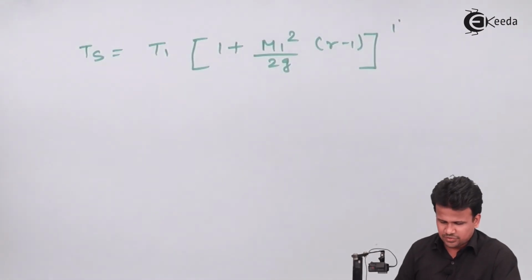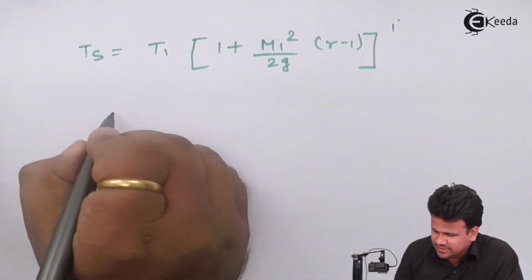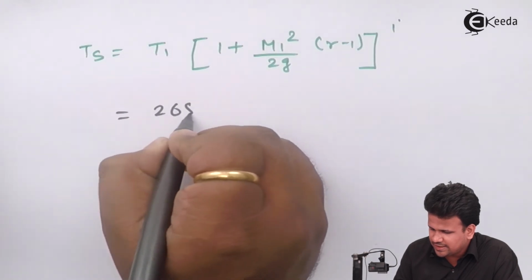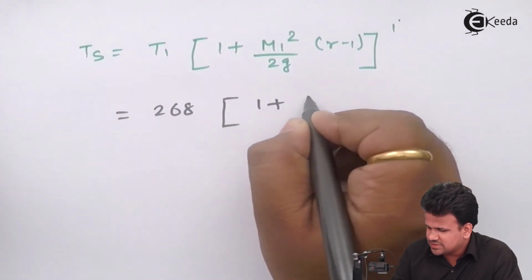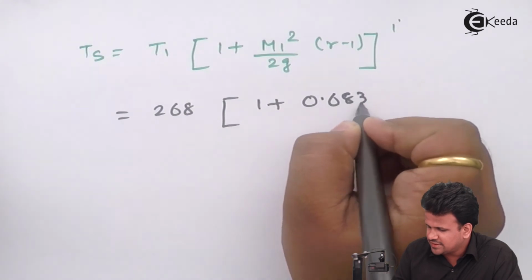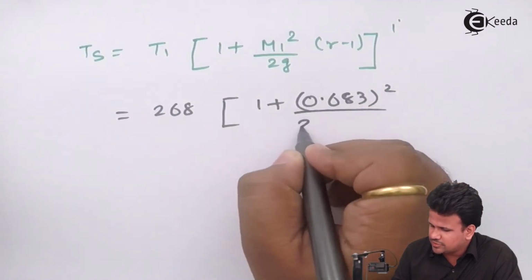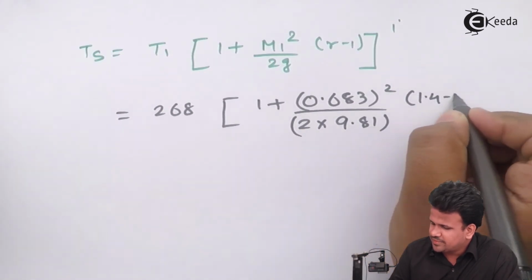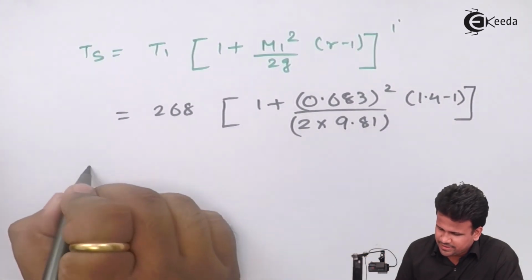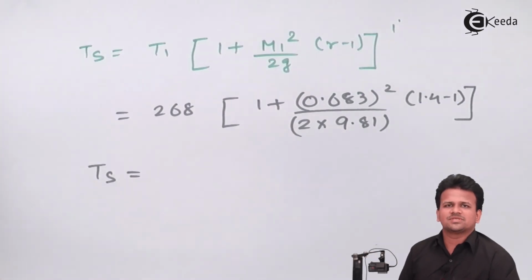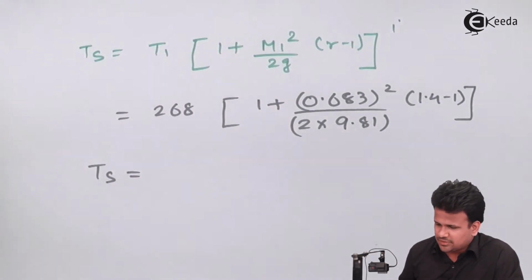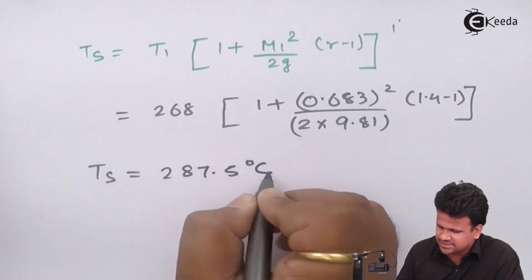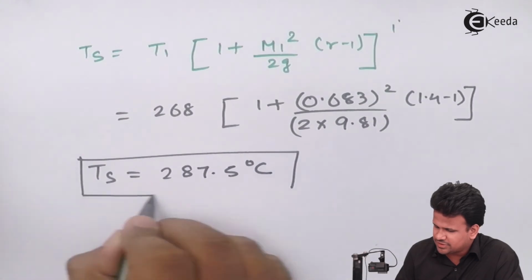If you substitute the values, this will be 268 into 1 plus 0.683 the whole square upon 2 into 9.81 into 1.4 minus 1. So the temperature at the stagnation point comes out to be Ts is equal to 287.5 degrees Celsius. So this is the stagnation temperature.